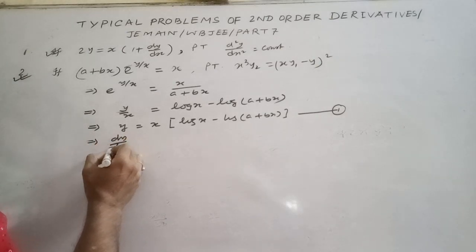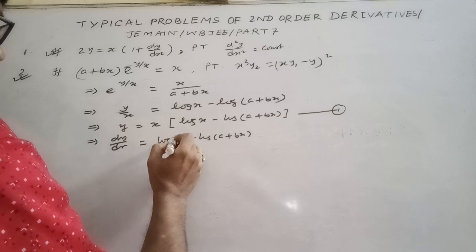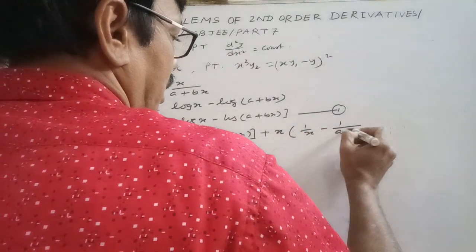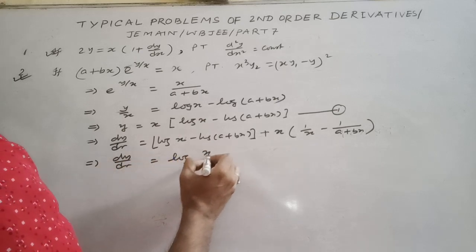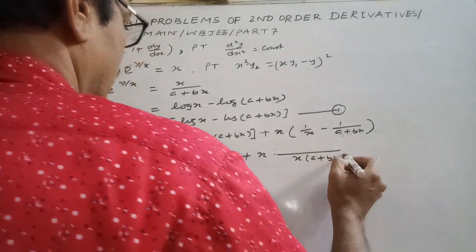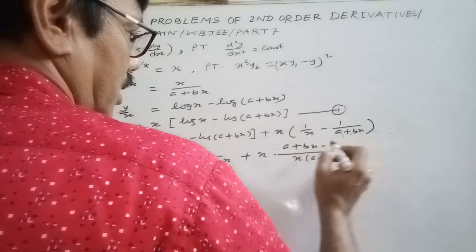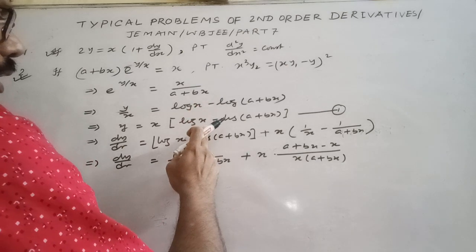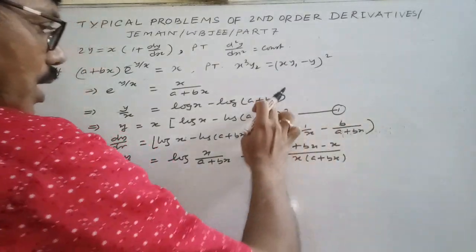Now dy/dx equals the derivative of x log x minus log (a plus bx): log x minus this one unchanged, the derivative of x is 1, plus x into the derivative of this, 1 by a plus bx into b.